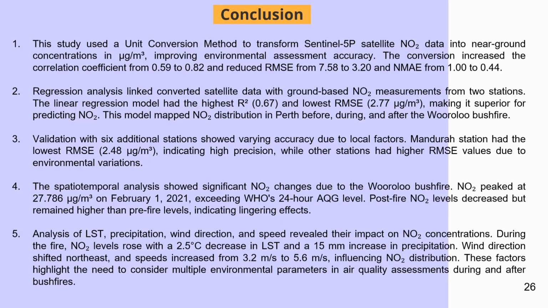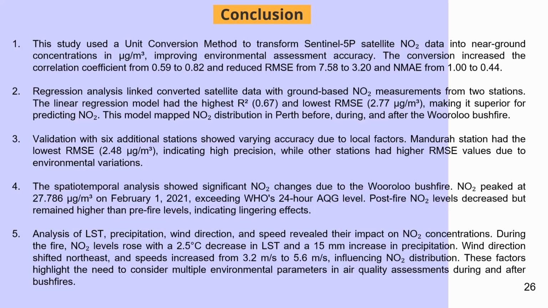Validation with 6 additional stations showed varying accuracy due to local factors like climatological parameters, elevation and other parameters. Mandura station had the lowest RMSE around 2.4 microgram per cubic meter, indicating high precision, while other stations had higher RMSE values due to environmental variation.